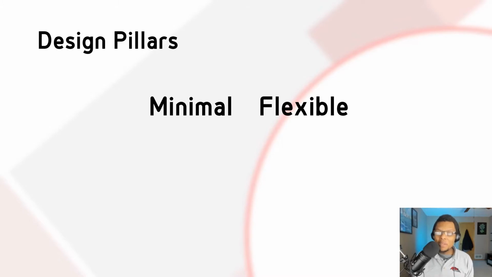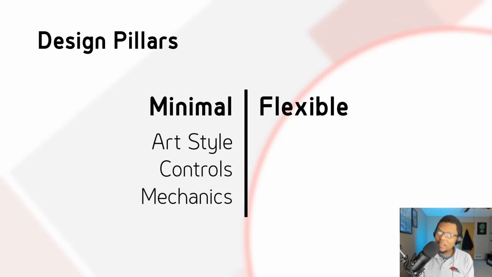Minimal is more about the art style, the controls, and the mechanics. And in this talk's instance, really focusing in on the controls and mechanics. There is only one mechanic that you have to worry about, which is move. That is the main and primary mechanic, and the main and primary control that you have to worry about, which is extremely useful for helping out in terms of flexibility.